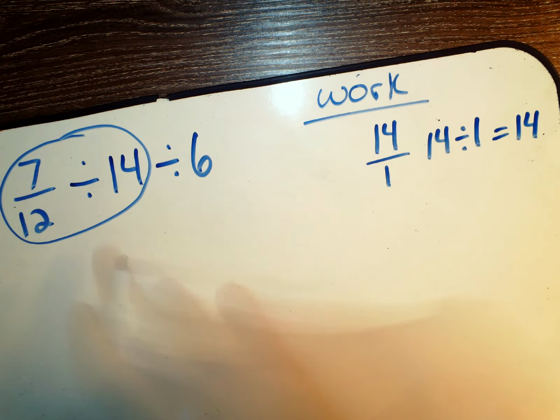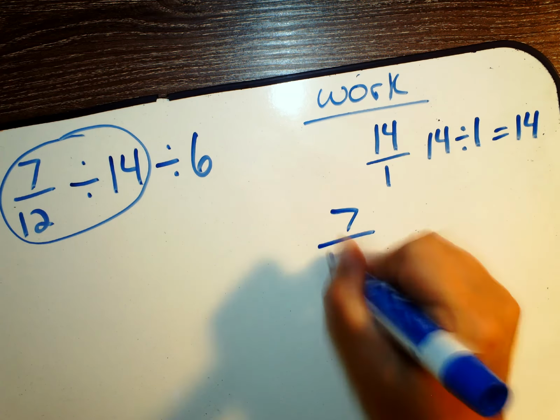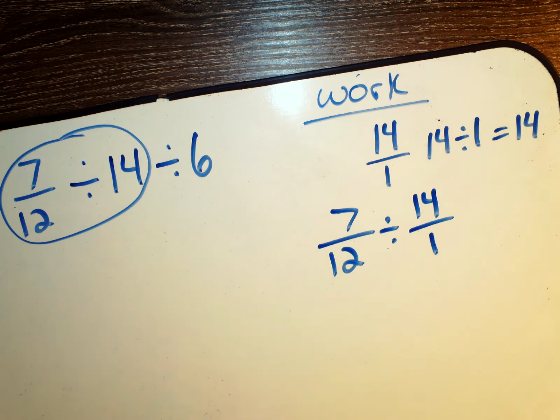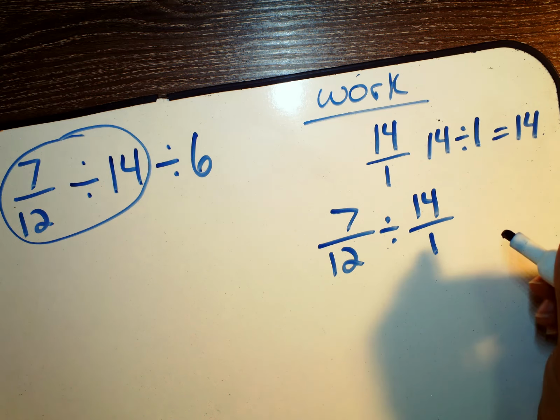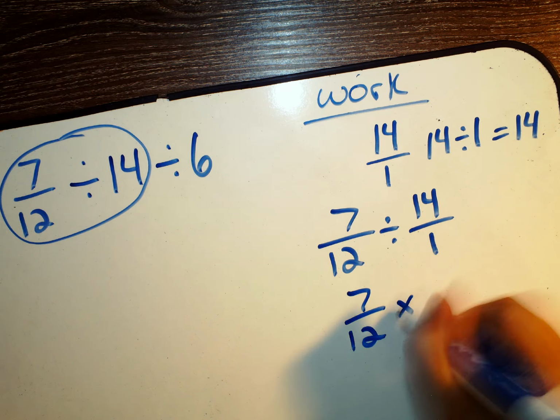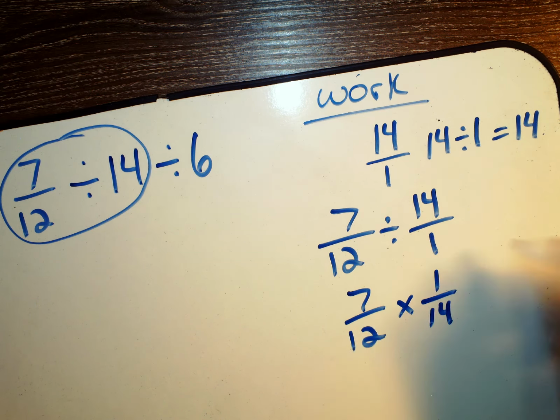So if we change that 14, we're going to write 7/12 divided by 14 over 1, we have our improper fraction, and we can make sure that we are simplifying. And now we can divide. So 7/12 times 1 over 14.